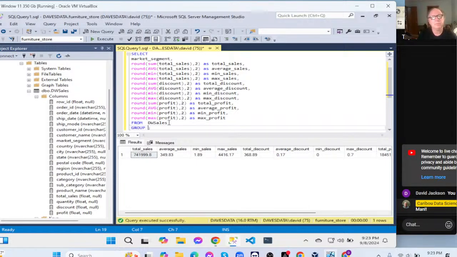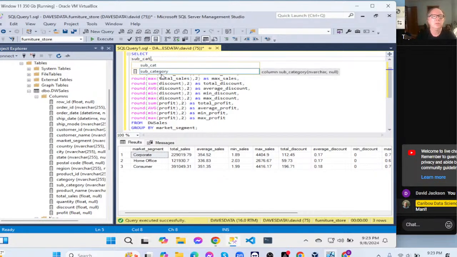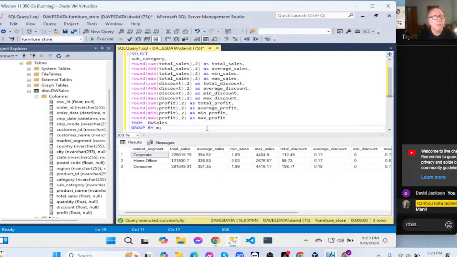Okay, good. Then we come up here now, very simply, and put market segment, market. Okay, and come down here. So consumer sales is the largest.